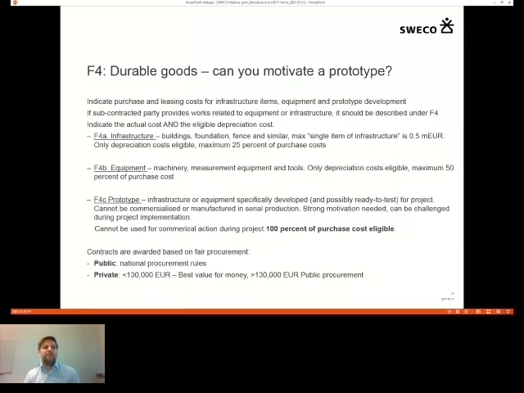First of all, there is a difference between infrastructure, equipment, and prototypes. Prototype is the only kind of equipment that is co-financed to 100%, or that 100% of the cost is eligible. Then, of course, only 60% of the 100% will be co-financed by the LIFE program.